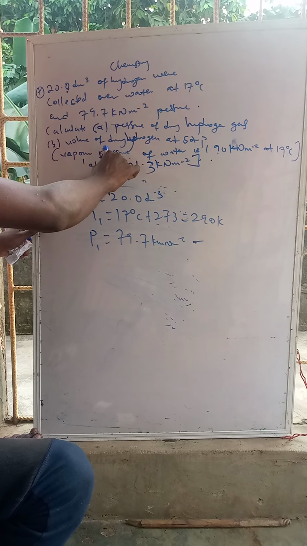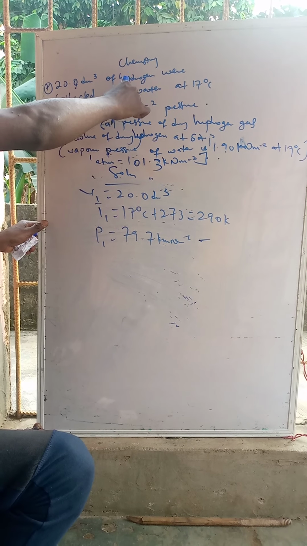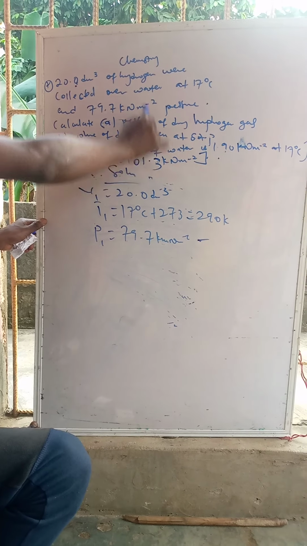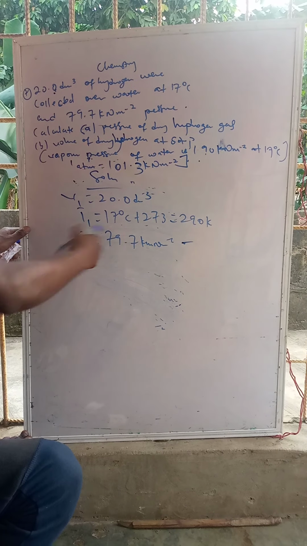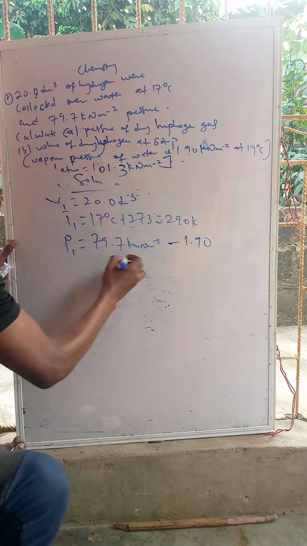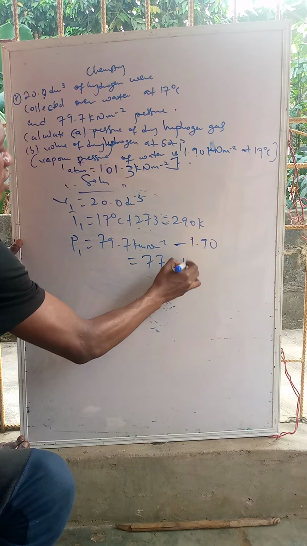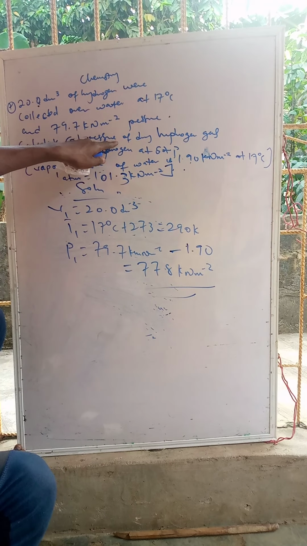Normally, when you see a question that contains vapor pressure, it means that you are dealing with a wet gas. So you have to remove the vapor pressure from the pressure of the wet gas so that you can get your P1, that is the pressure of the dry gas. Once you remove 1.90 from here, it's going to give us 77.8 kilonewton per meter square. This is the pressure of the dry gas.